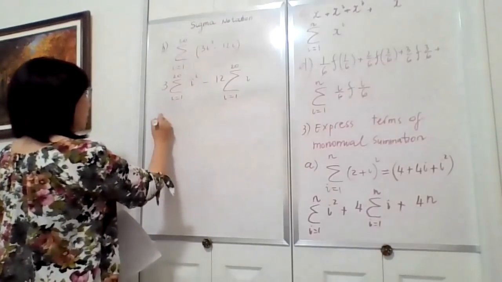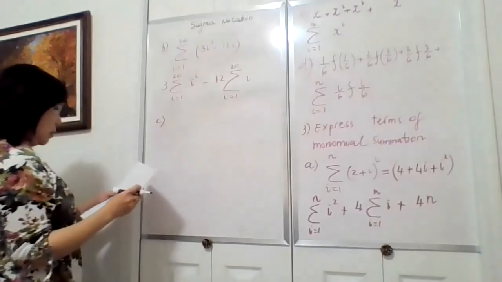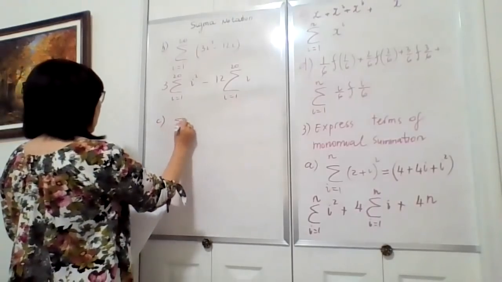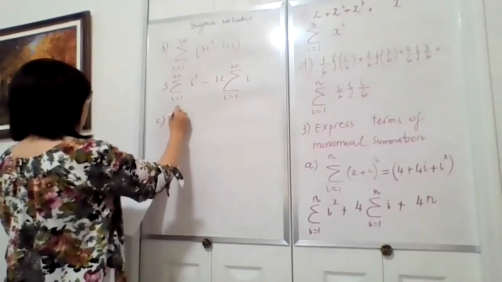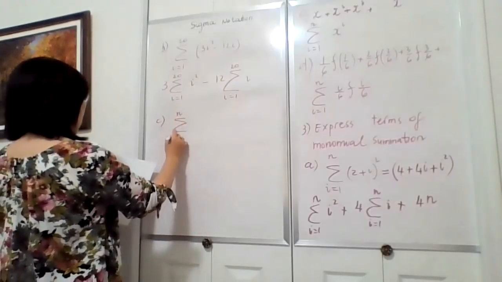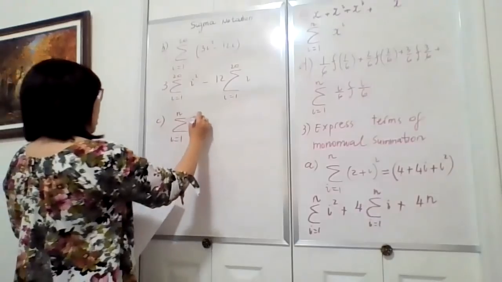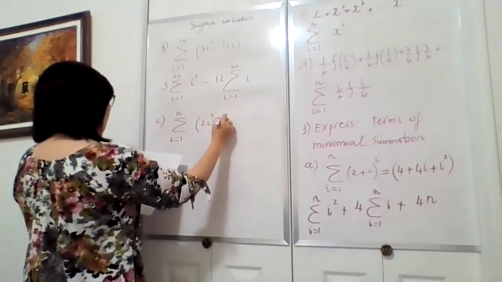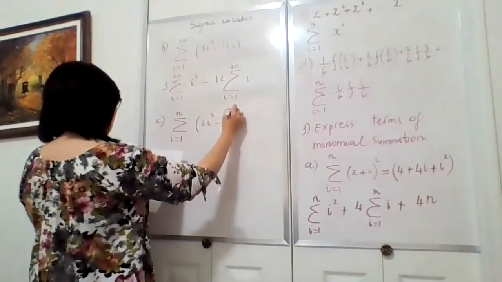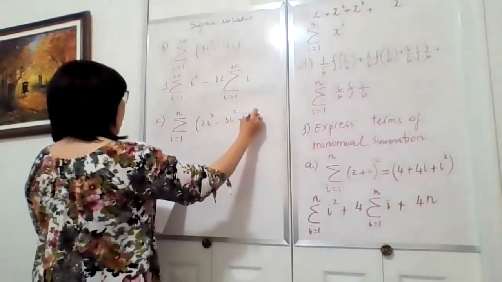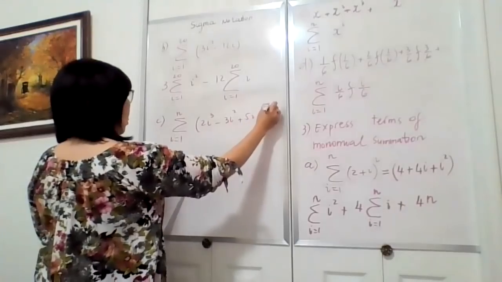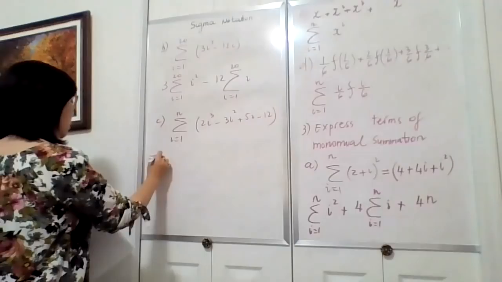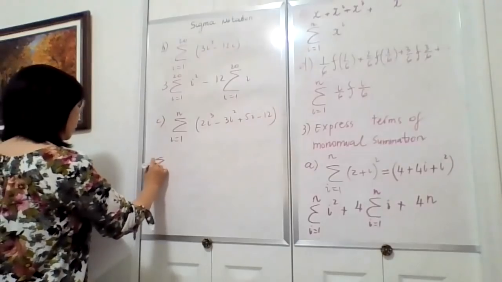Okay, so that's easy, right? Now I'll give you a last example. Let's say if you have n here, I equal 1, and you have 2i to the power 3 minus 3i squared plus 5i minus 12. So how do we express this? Which is easy.